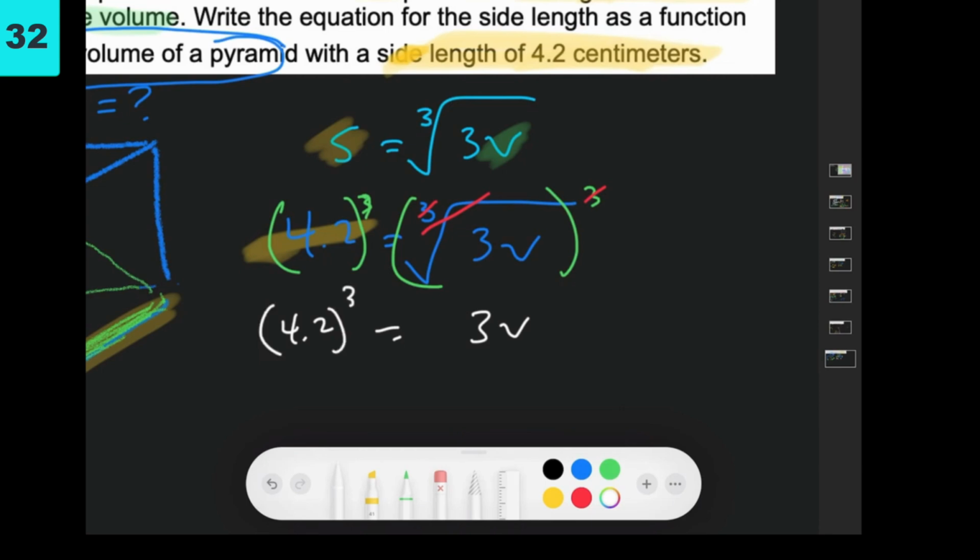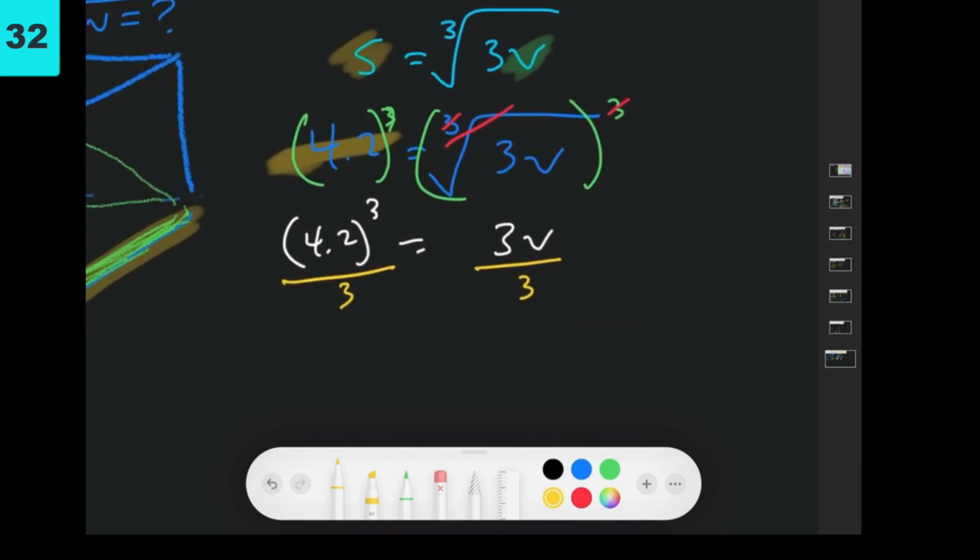And you'll notice I didn't really work out that number yet. I like to leave it at the end. I call it a calculator-ready equation. Okay, so here, my 3's will cancel because 3 divided by 3 is 1. I'm going to be left with V equals 4.2 to the third power.